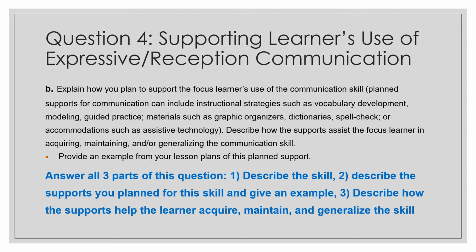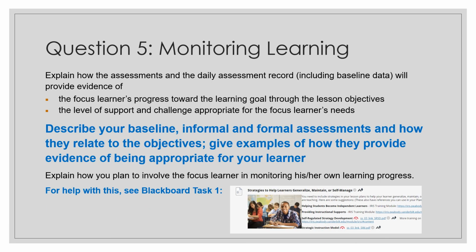Again, this might relate to the generalization piece that we did in the last question, because you're going to need to describe how the supports help the learner acquire, maintain, and generalize the skill. So you need some depth here. You need to really think about this in a little more depth and give a lot of support for why you are using those particular strategies.